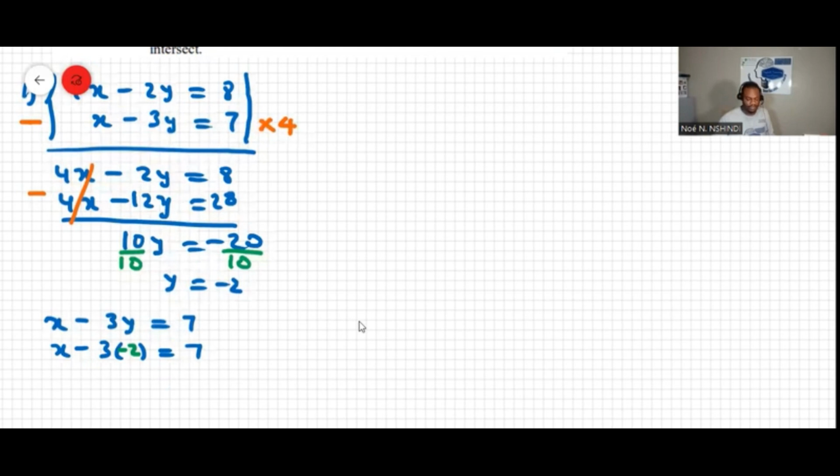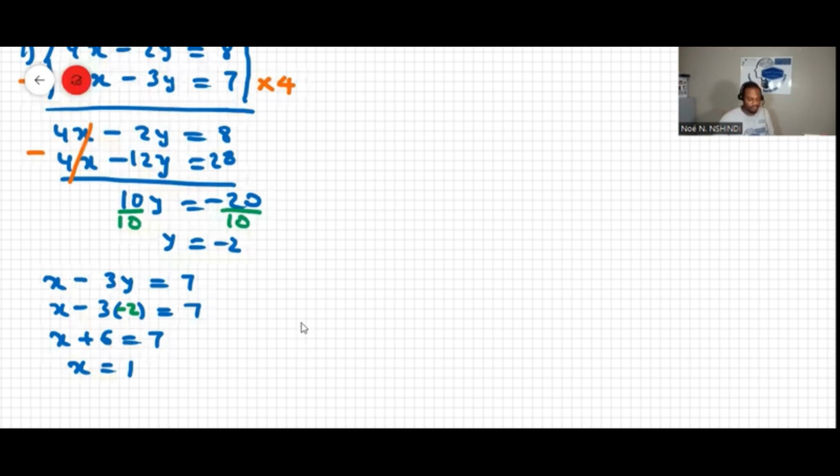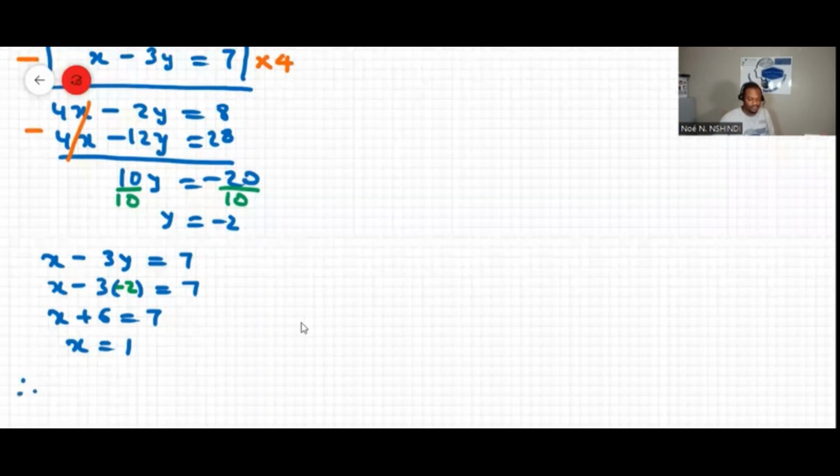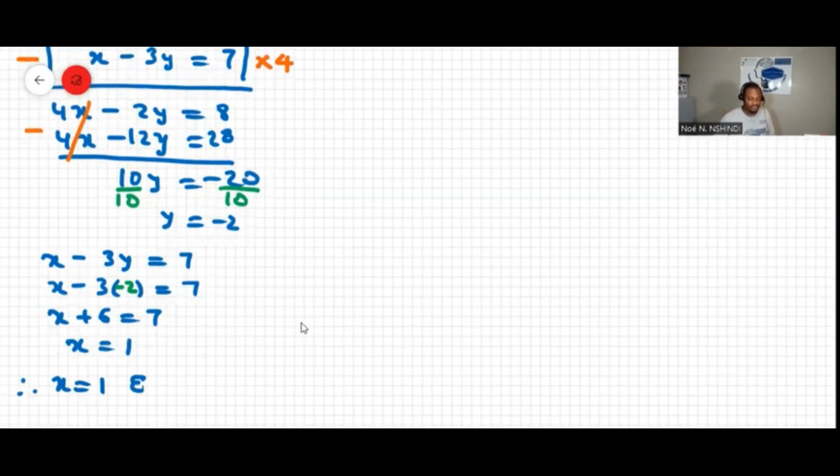That will make x plus 6 equals 7. If I move the 6 over, it's 7 minus 6, which is 1. So that's the value of x. Therefore, x is 1 and y is negative 2.